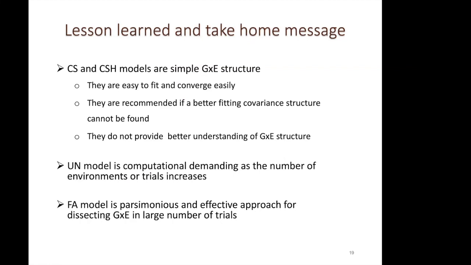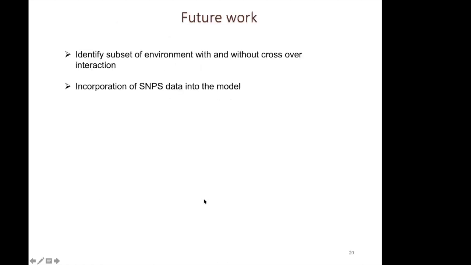In analysis of multi-environment trials, it is very rare for people to use this model because you may end up having a solution that has not converged. The factor analytic model is very parsimonious and an effective approach for dissecting G by E in a situation where you have a large number of trials.